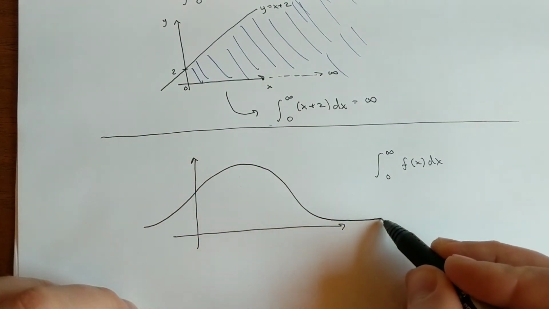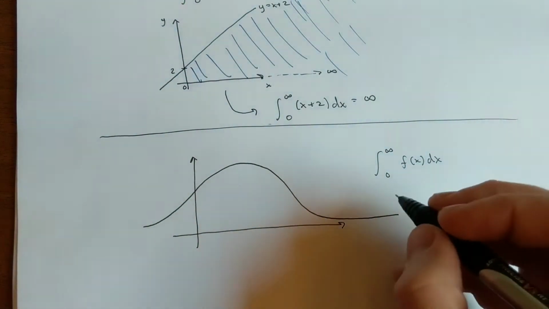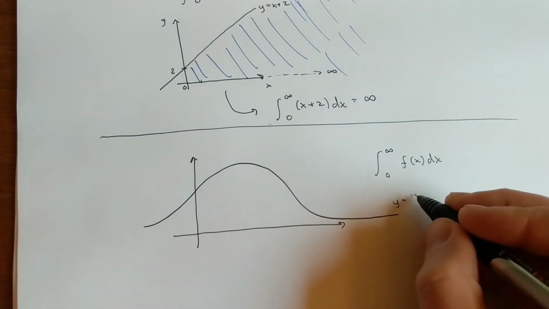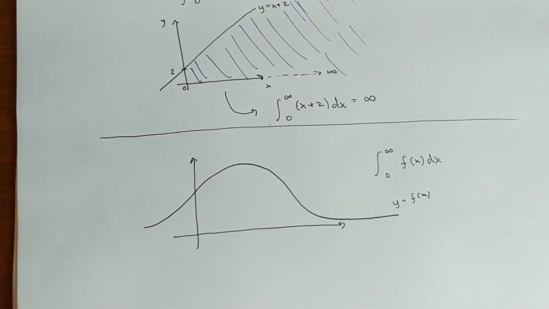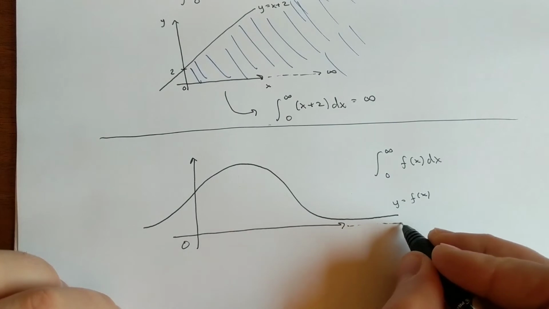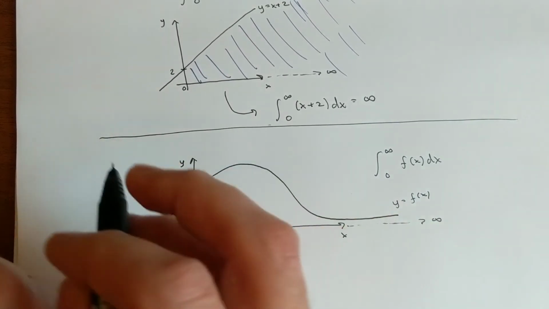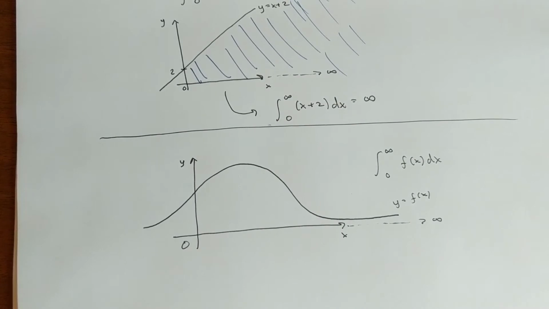And I'm going to make the right-hand side get very low. And so this is our graph for y equals f of x. And so we're starting at 0, and again, we're letting the right-hand bound go out to infinity, whatever that means. And so what could be happening here that would let us have a finite value for this area?